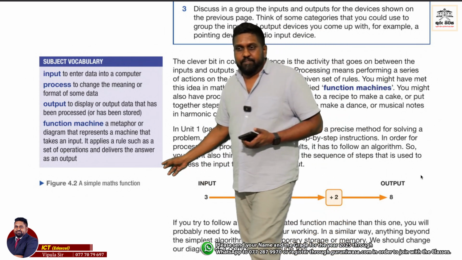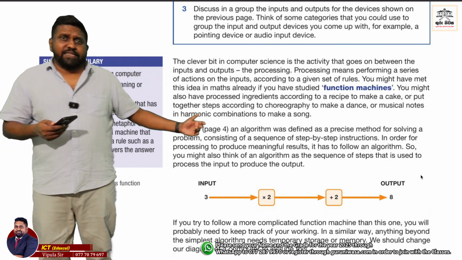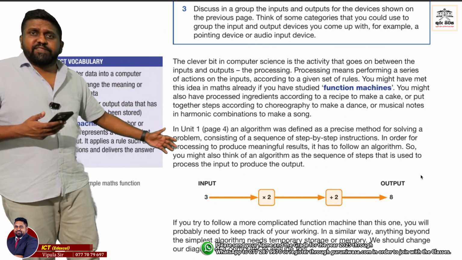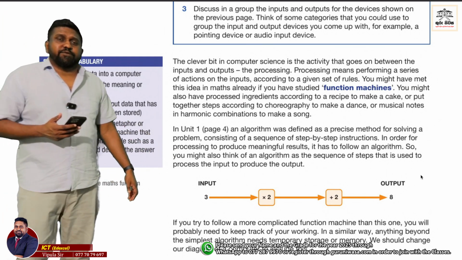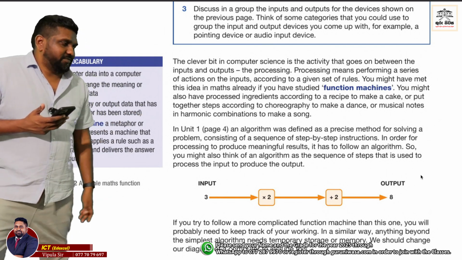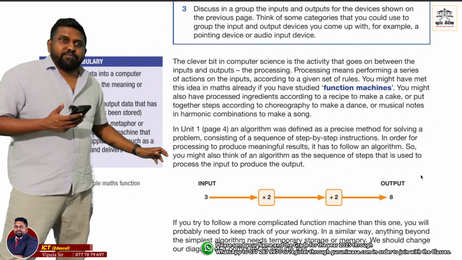So in unit 1, when we talked about algorithms, we talked about some precise methods of solving different problems, right? I hope you remember the algorithms. Otherwise, jump into the revision class. We'll be going from the beginning again.